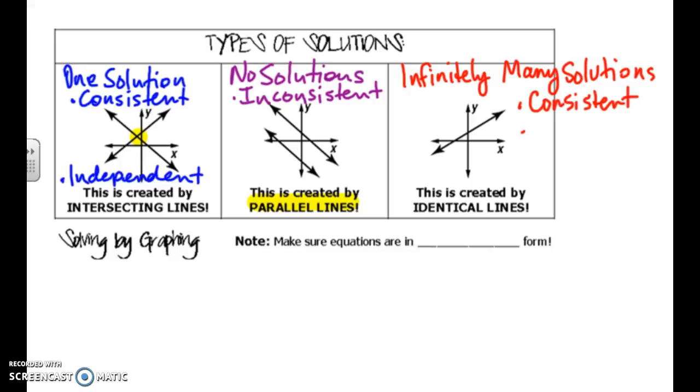But when the lines are identical, that means that the solutions are independent. Or sorry, dependent. I wrote down the right thing, said the wrong thing. And you always want to make sure that your equations are in slope-intercept form, because that gives you the ability to compare slopes and compare their y-intercepts.